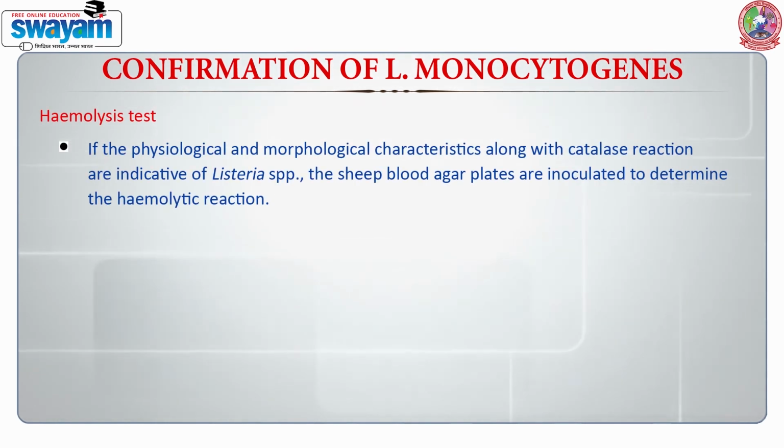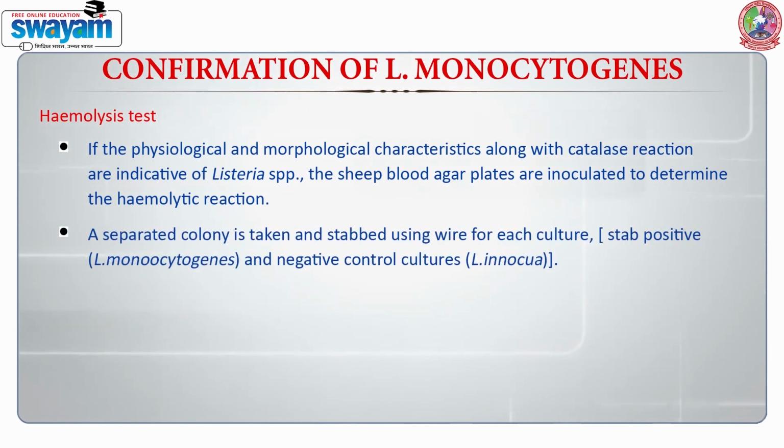The confirmation of Listeria monocytogenes is performed by the hemolysis test. If the physiological and morphological characteristics along with catalase reaction are indicative of Listeria species, sheep blood agar plates are inoculated to determine the hemolytic reaction. A separated colony is taken and stabbed using a wire from each culture along with positive and negative cultures.